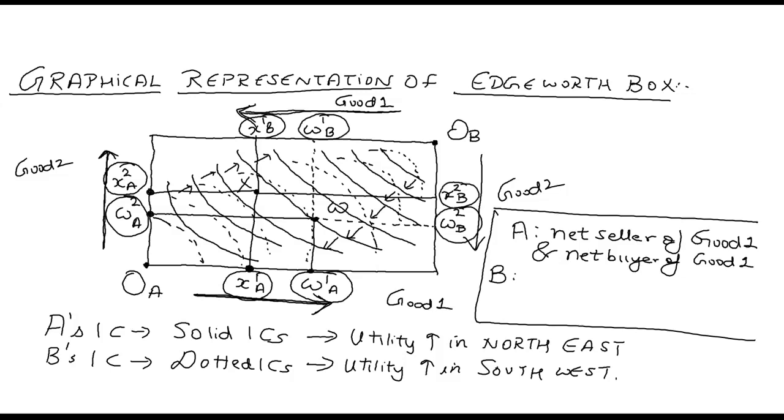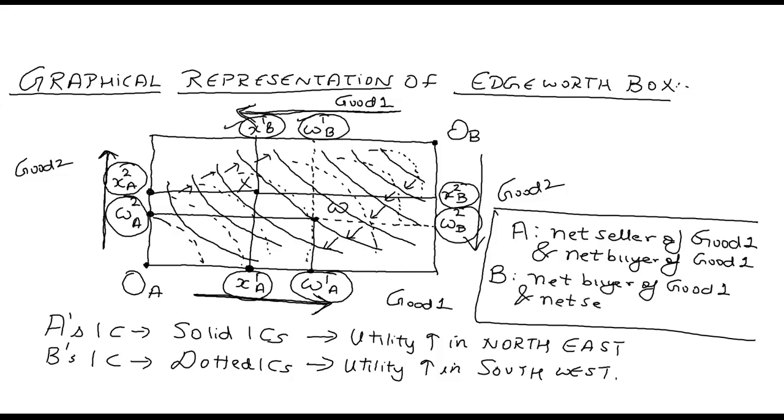So agent B is a net buyer of good 1. Why is agent B a net buyer of good 1? Because she is consuming more than her endowment. And she is a net seller of good 2.